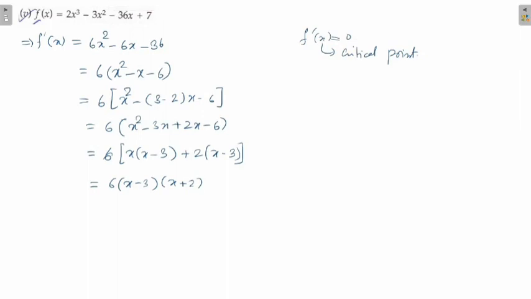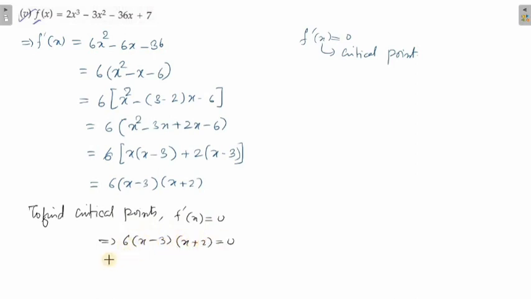So let's find critical points. To find critical points, f dash of x must be equal to 0. So f dash of x is 6 into x minus 3 into x plus 2 equals 0. From here x will be 3 and the other value will be minus 2.